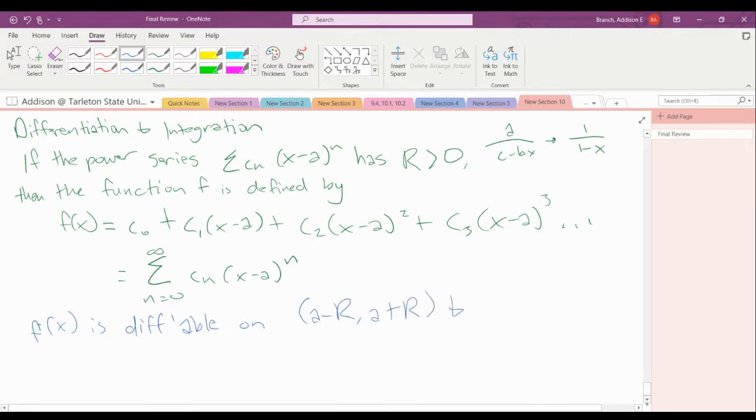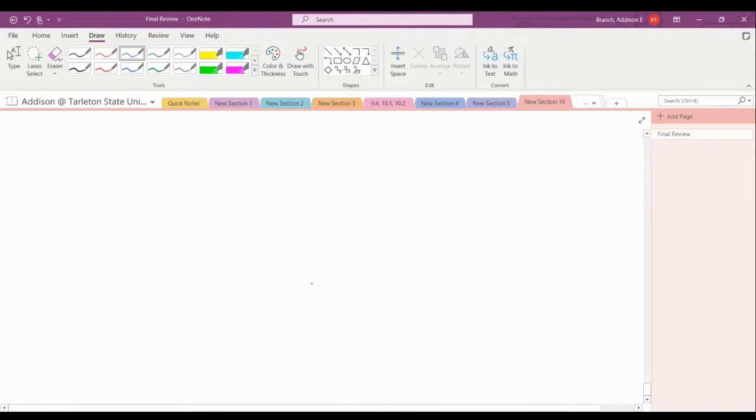And let me scroll down. F prime of x is equal to, actually let me scroll back up so you can see. Okay, that's not going to be able to put both on there.